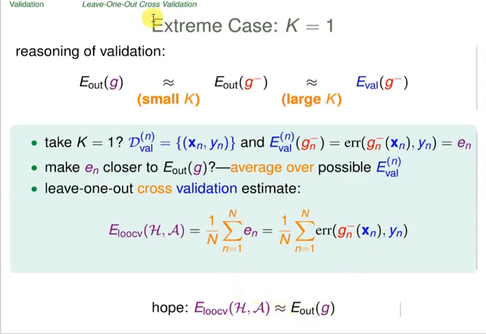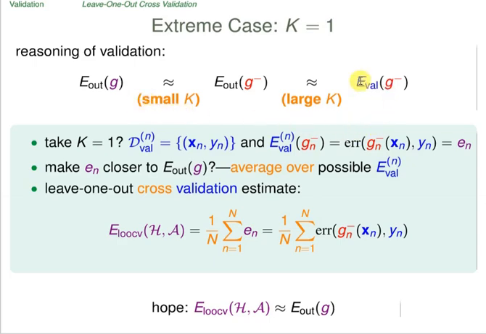By considering the extreme case of validation set size equal to 1, we hope that the leave one out cross validation error, obtained across all n points left out, approximates the out of sample error better than the other types of validation error.